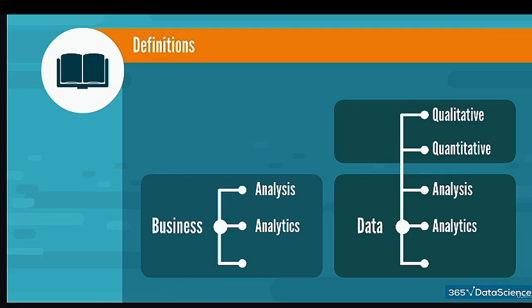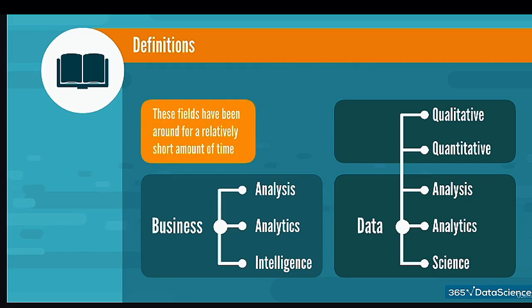To complete the picture, we can't but at least mention two other disciplines that you have surely heard of. I am referring to business intelligence and data science. You may wonder, what is the relationship the two have with the disciplines we just introduced? Well, for one thing, you should take into consideration that all these fields have been around for a relatively short amount of time, and the primary reason for that is technological advancements.